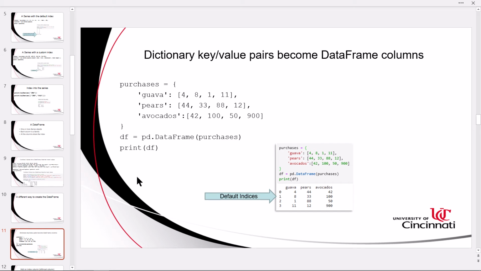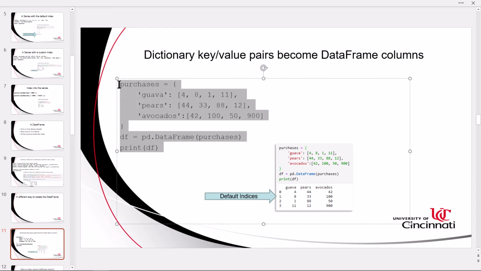The keys will become column headings and the values will become the values in that column. Also notice in this first example that we are not specifying an overriding index, therefore we just get the numeric index starting with 0, which is okay if we don't care, but we usually want to put something in there.